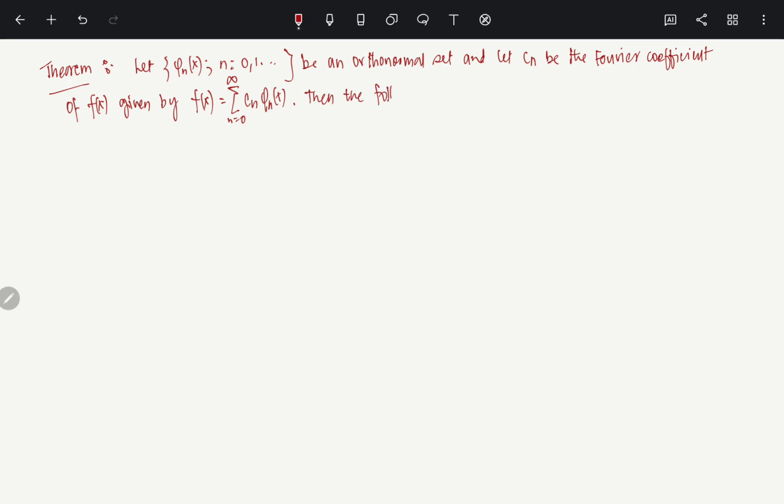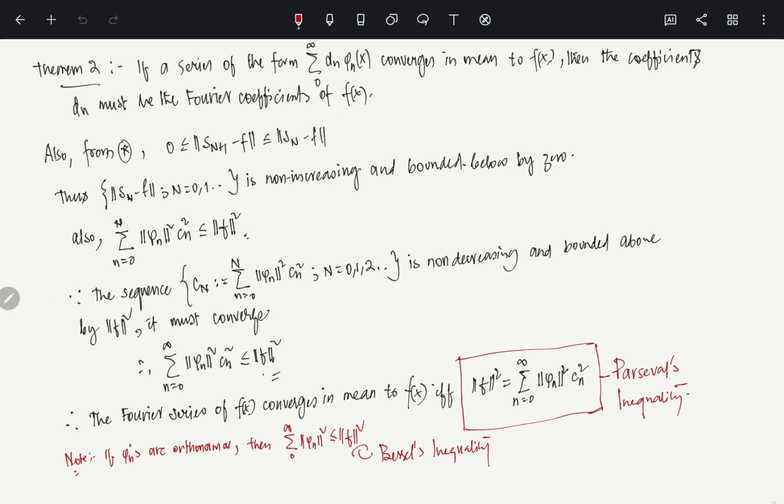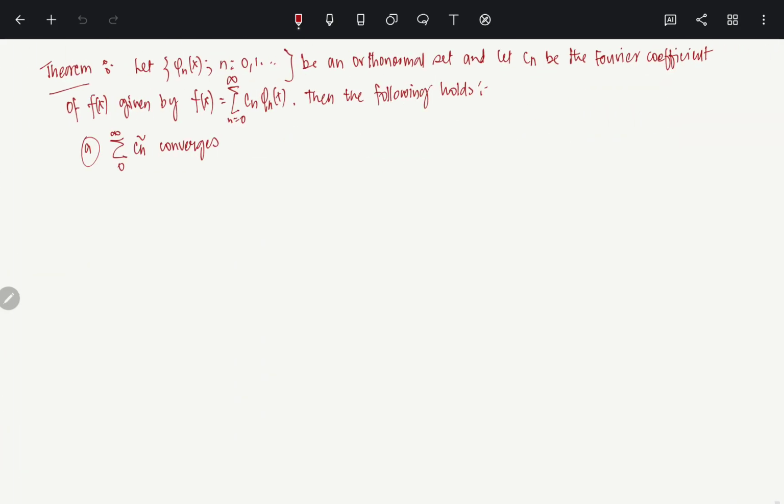A: the series summation 0 to infinity of Cn square converges. This is what we showed, right? It is dominated by norm f square. So basically this series Cn square converges. And what does it mean?